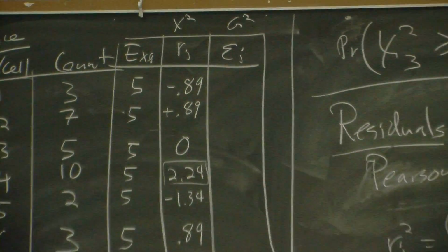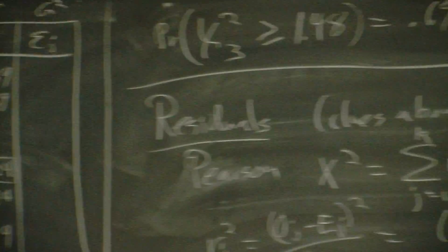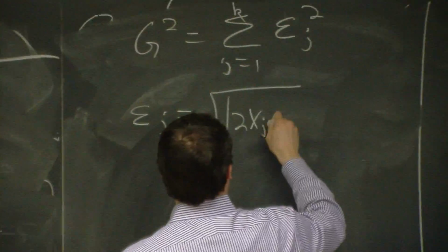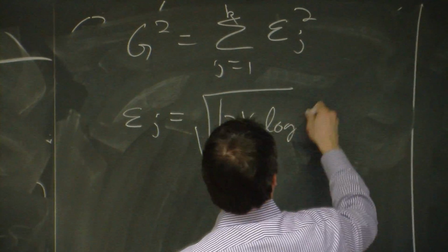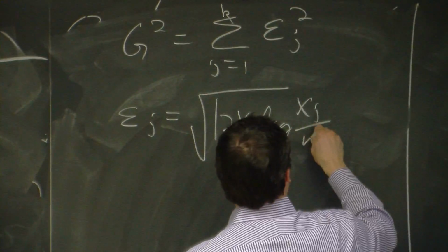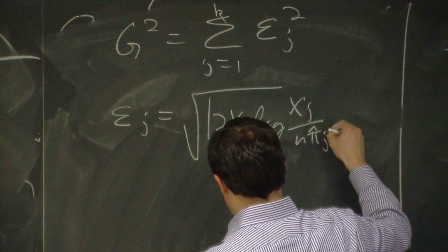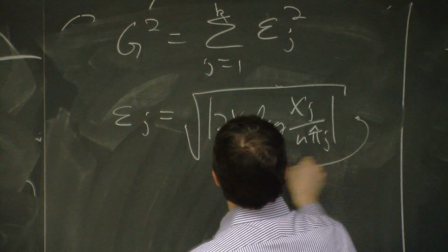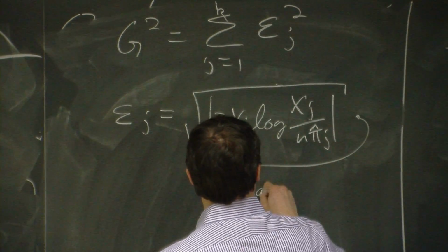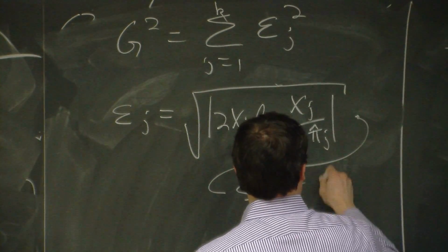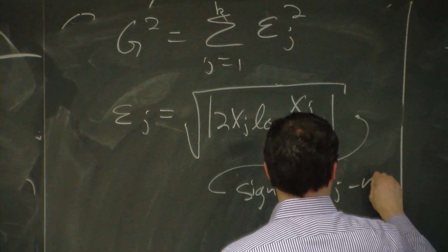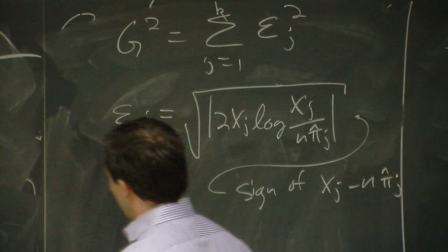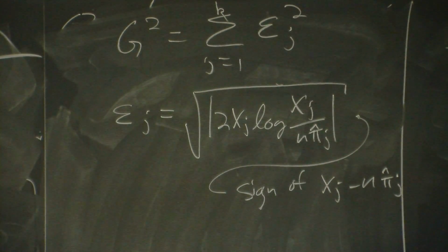And epsilon is the square root of 2 x_j, and this one we have to be a little more careful. x_j divided by n pi hat j. We're taking the absolute value of that, and then multiplying it by the sign of observed minus expected, because we want it to be in the correct direction.